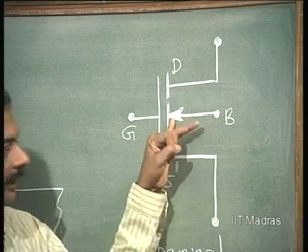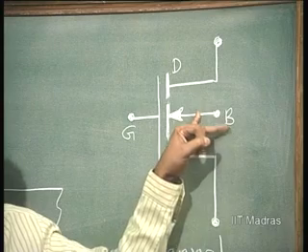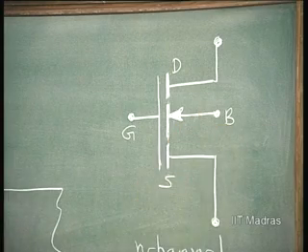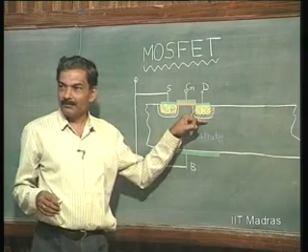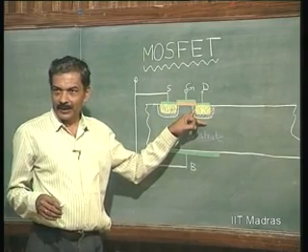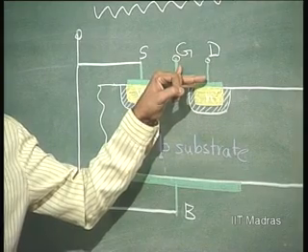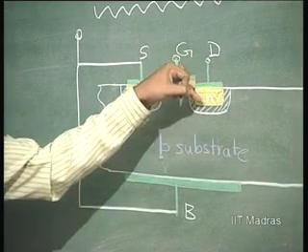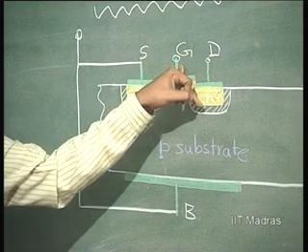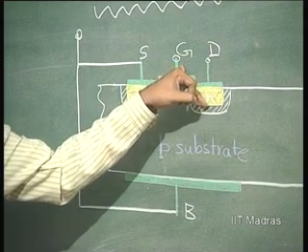In this case, let us say this is the bulk or the body or the substrate. Look at the substrate, it is P, and when this is going to form a channel, it will become N. So, P to N, the arrow is always indicating the actual direction of flow of current, whether it is a diode or a transistor, always from P to N the arrow is marked.